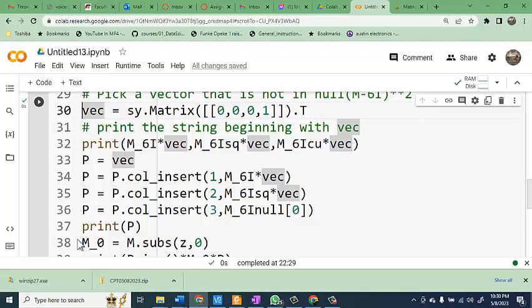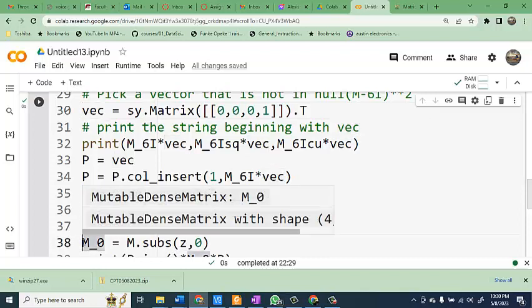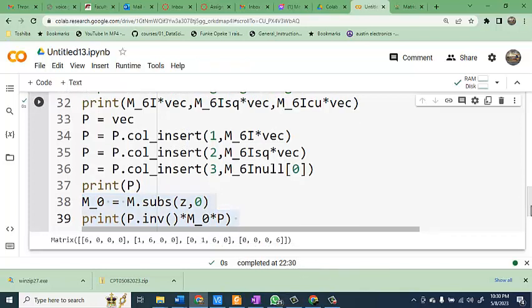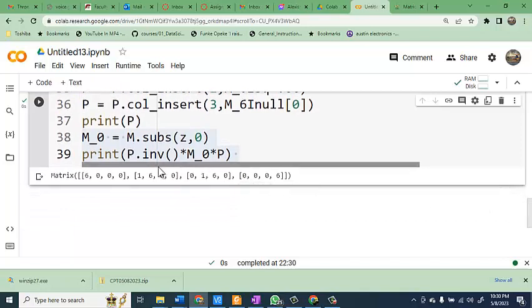Okay, Control Shift Enter, and we'll see what happens. Here you go. The first row is 6, 0, 0, 0, 0. Second row 1, 6, 0, 0. So you can see that first part of the block there. Then 0, 1, 6, 0. Okay, so that's a 3 by 3 Jordan block right there. And then this is the last eigenvector. All right, so that's how that works out.